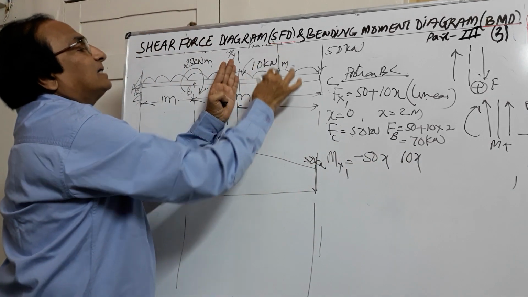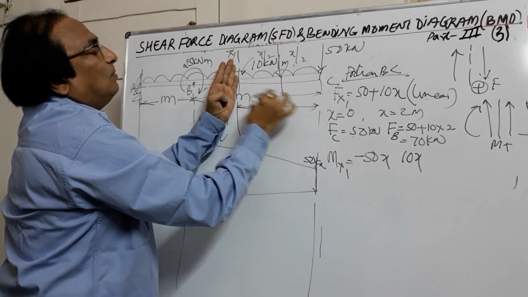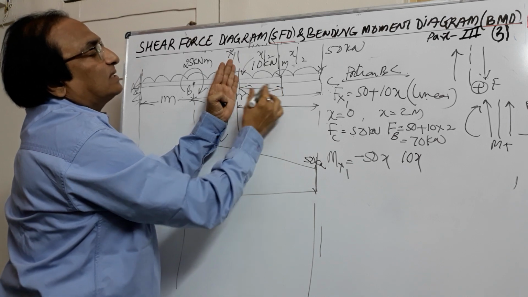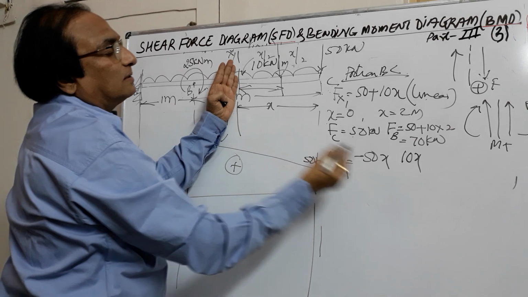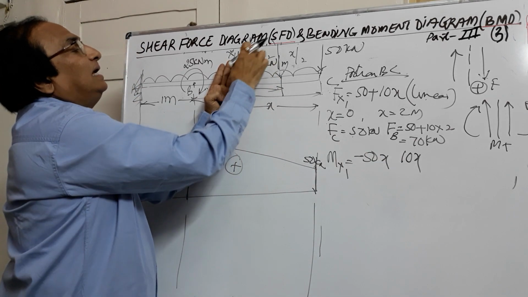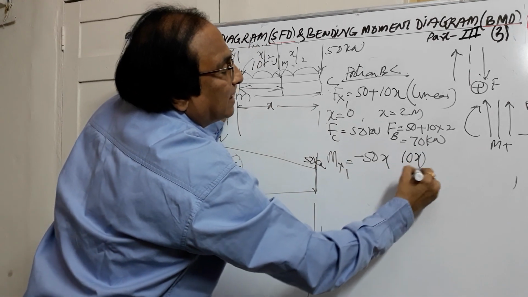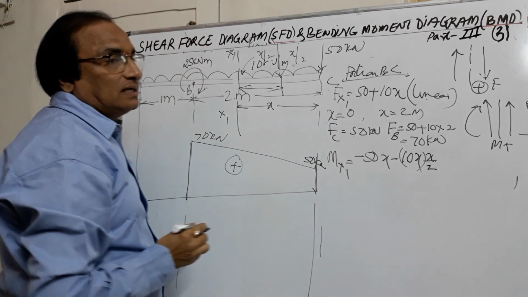It will act at the center, meaning this will be x by 2 and this will be x by 2. But I want this distance from the section, so it will be x by 2. So 10 into x is the load, into x by 2. It is downwards, so minus.